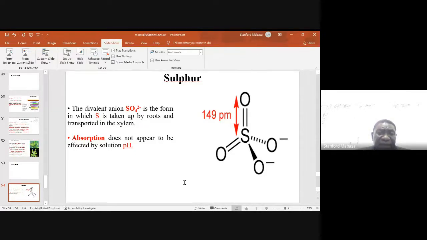It can be absorbed via the roots and transported in the xylem. And this element doesn't appear to be affected by pH.